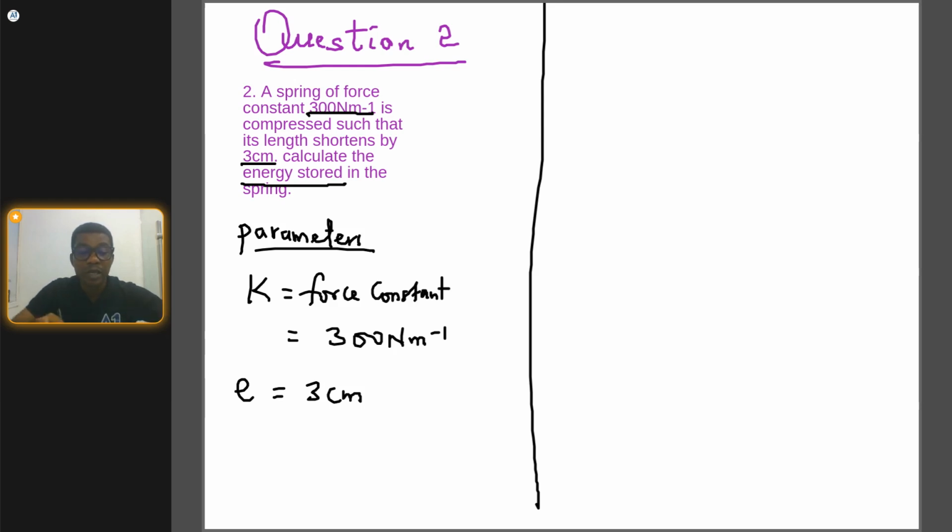Now you can see what I was saying the other time. We are given the extension to be 3 centimeter, which we cannot actually use like this. We need to convert the 3 centimeter.